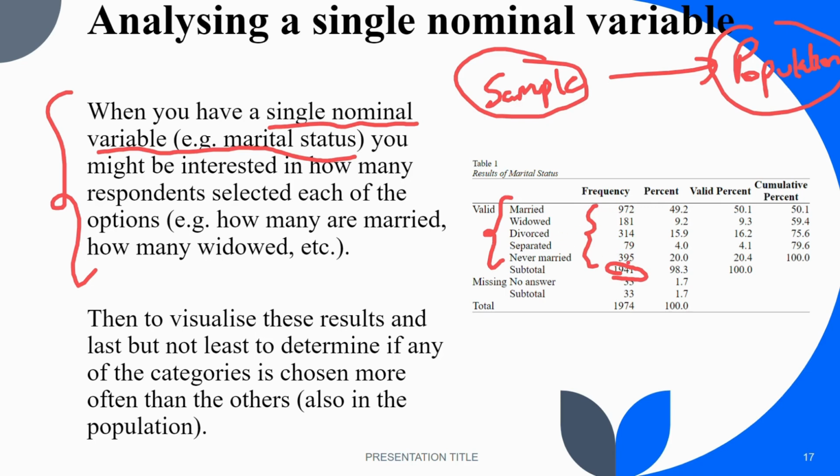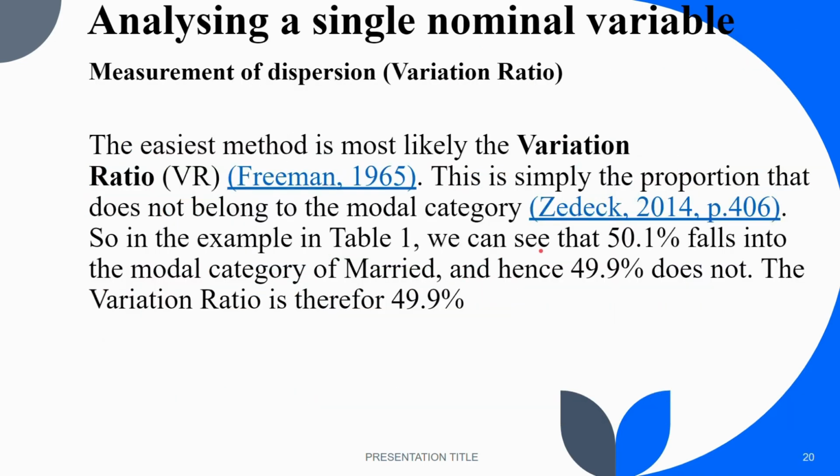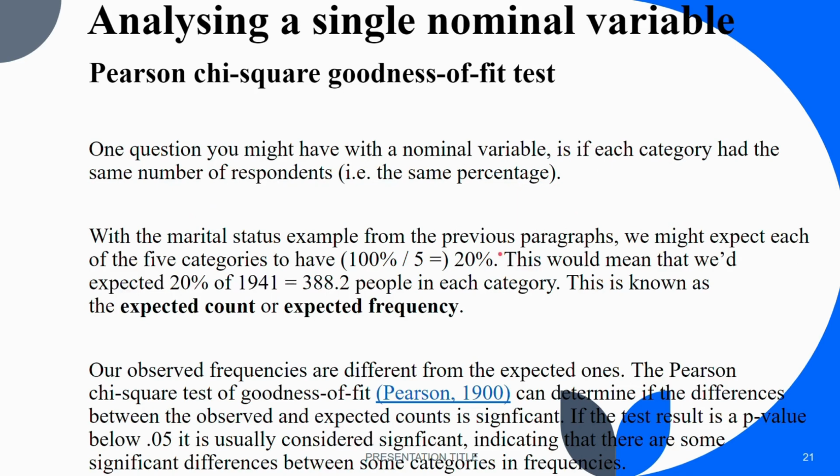If all the categories were equal, then the expected frequency or count would be 388.2 in each category if all the categories had equal distribution.